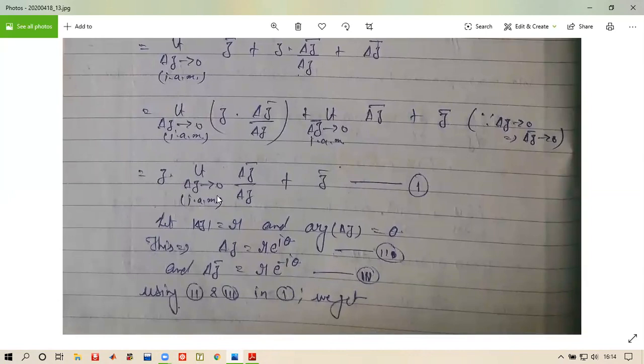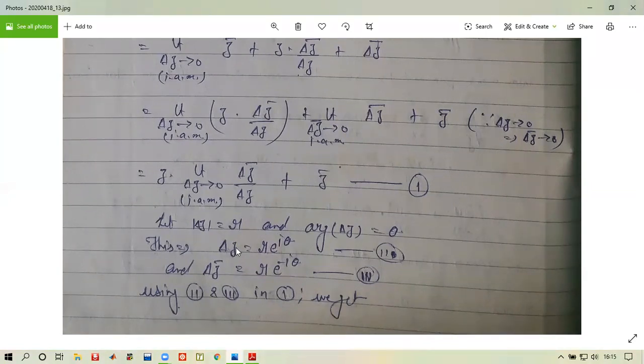After taking this limit, we can take the polar form of our system. For this, we take mod of delta z equals r, and argument of delta z equals theta.